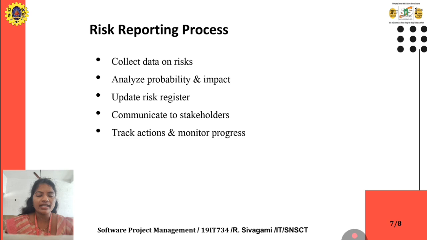Then update the risk register. Every risk we identify, we should update in our risk register, and then communicate to stakeholders. Communicating to stakeholders is the most important thing in every project.